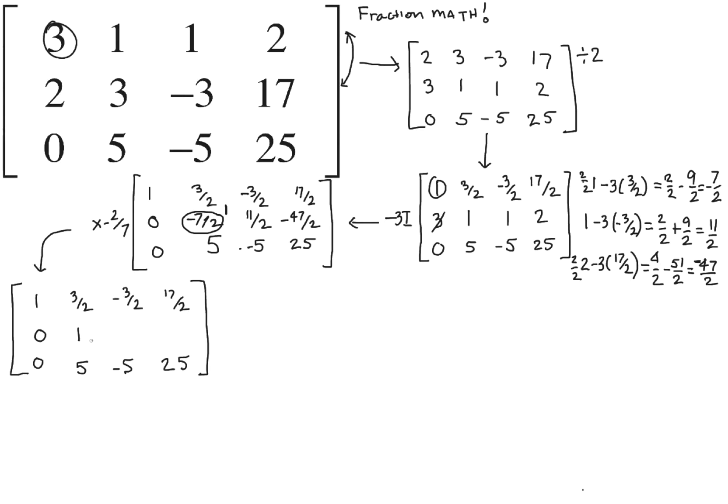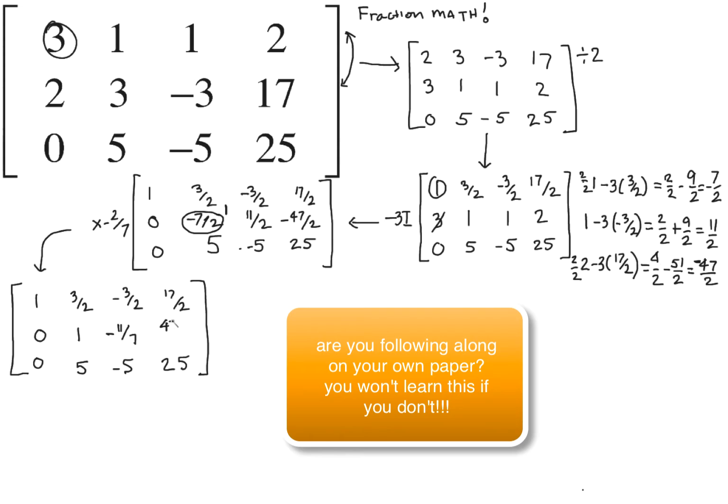Okay, and then the next one, well, 2 over 7, 11, that should be 11 over 7. And let's not forget the negative. Okay, and then 47 over 2 times negative 2 over 7, well, 2 cancels out, negatives cancel out, so that should just be 47 over 7. Right? Right. Okay, so now what do we have?